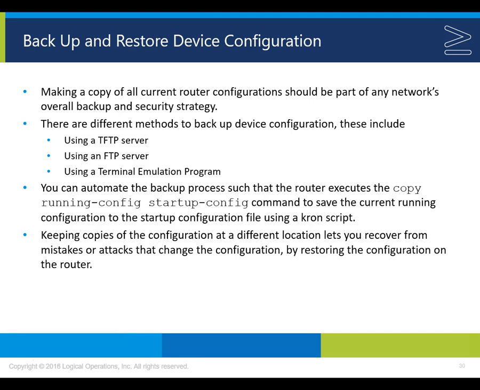Back to the backup and restore configuration. Different methods to do that: TFTP, FTP, terminal emulation program. TFTP is what you're typically going to use to make backup copies of your configuration files, as well as the iOSs, as well as flash memory.